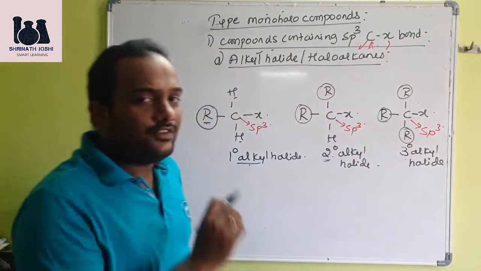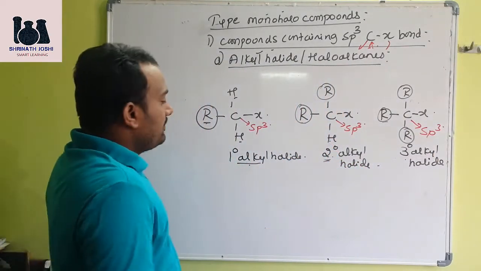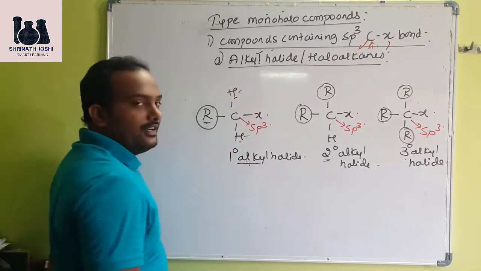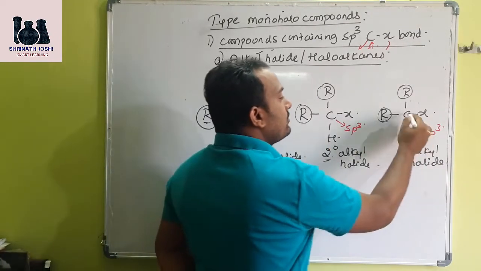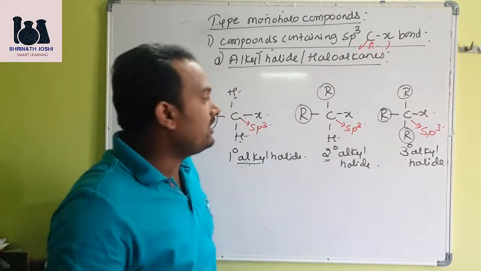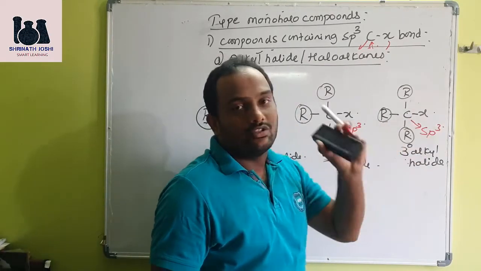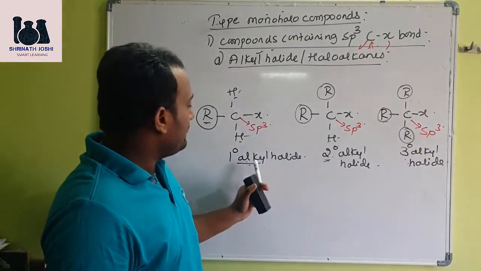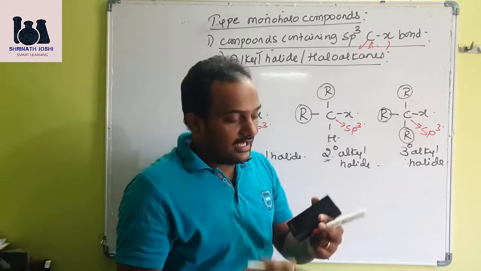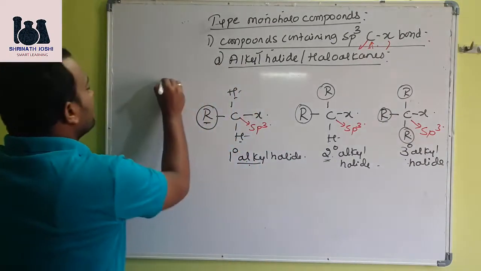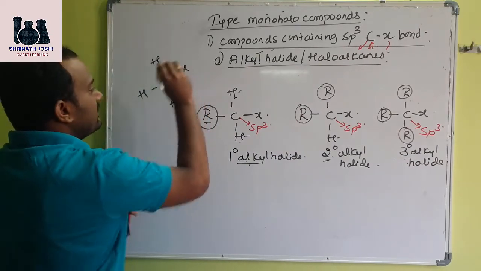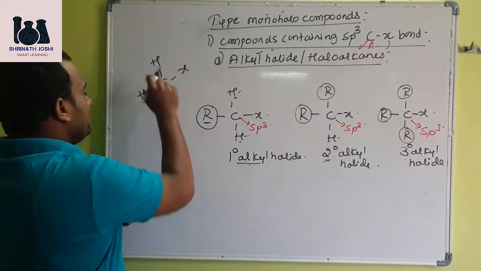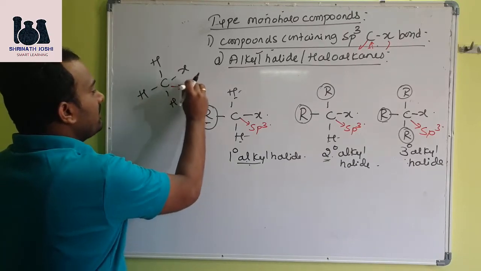If you are getting confused, then go with hydrogen. Primary are those which contain 2 hydrogen. Secondary are those which contain only 1 hydrogen. Tertiary are those which do not contain any hydrogen on that carbon containing halogen. Such classification we call as primary, secondary and tertiary. But one exception is there. We take this one. We have CH3X. Here also everywhere singly bonded, means it must be sp3.